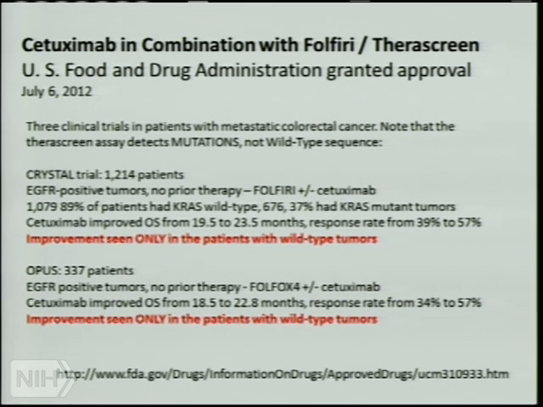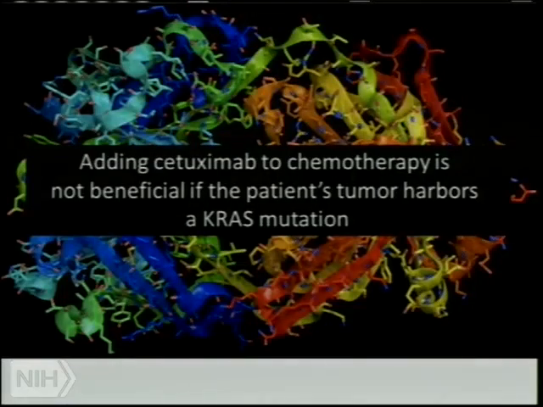And so this has been reproven several times, even clinical trials combining multi-agent chemotherapy called FOLFIRI with KRAS testing found only patients benefited who had wild-type tumors. So it's very clear, if you have a mutation, you should not be treated with anything that inhibits the pathways above KRAS.